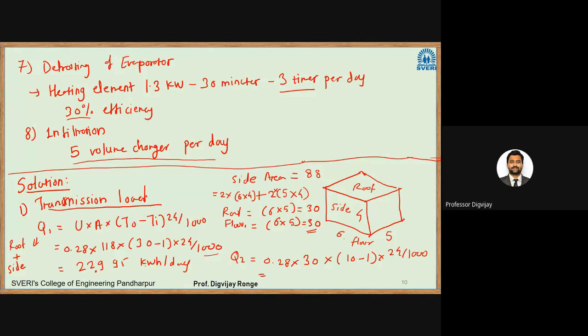So that answer will be in kilowatt hour per day. So in that case that will be 22.9, and here your answer will be 1.8 kilowatt hour per day.